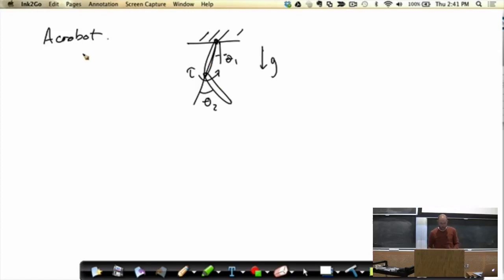Okay, so the acrobat is going to fall neatly into our classical equations for the class, right? So we'll be able to write down the equations of motion with the manipulator equations.